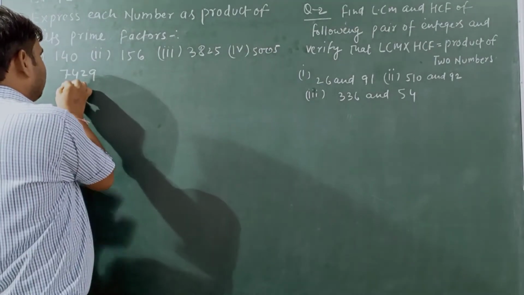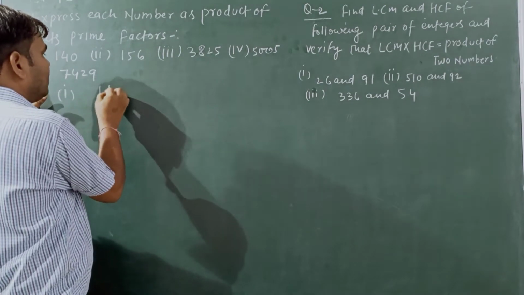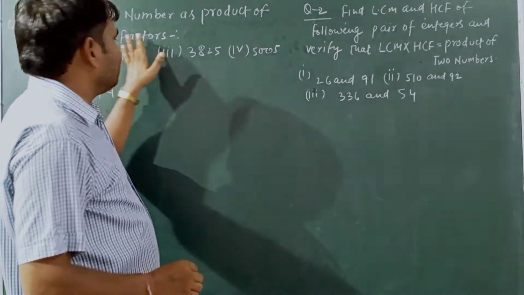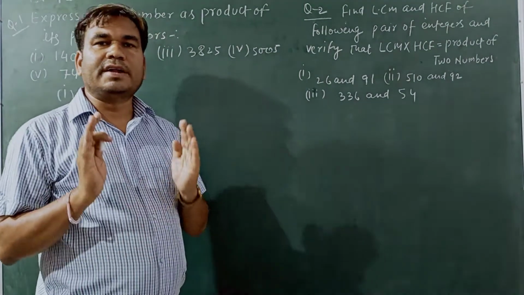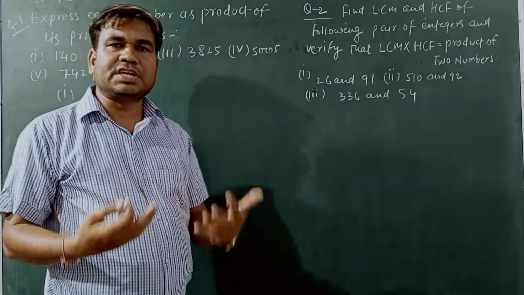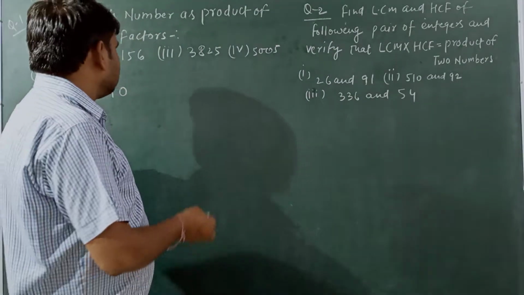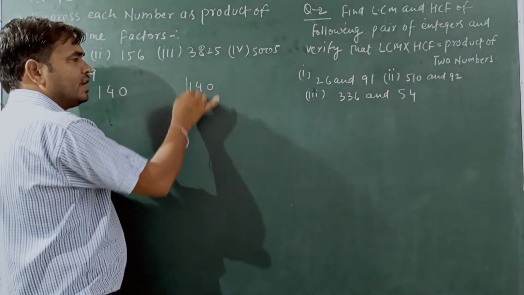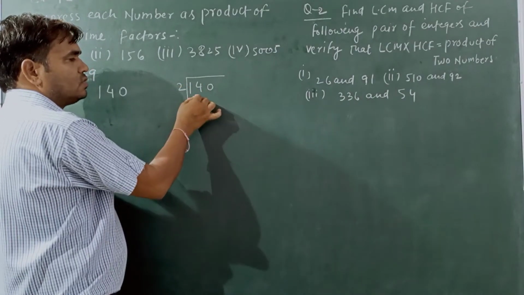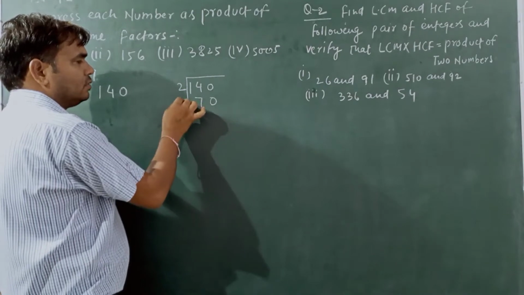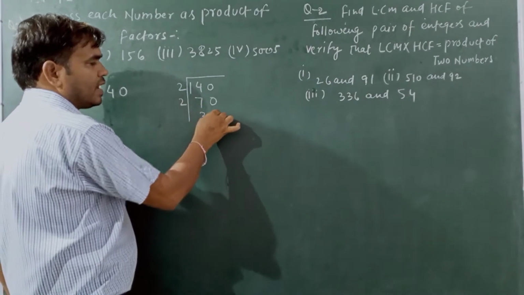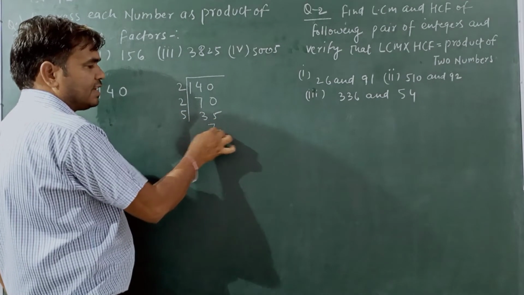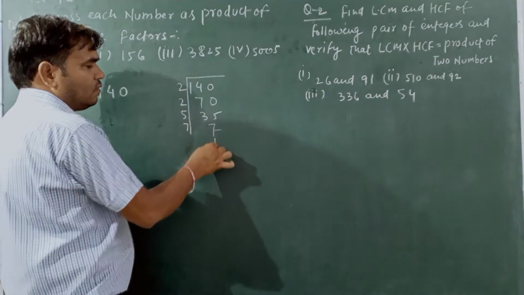Let's take question number 1, first part, that is 140, and here we find out the prime factors. For finding the prime factors, we have studied in the lower classes. So 140 divided by 2, 70, 2, 35, 5, 7, and 7 one time.